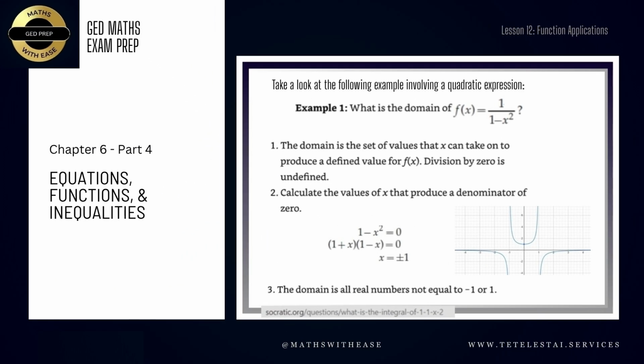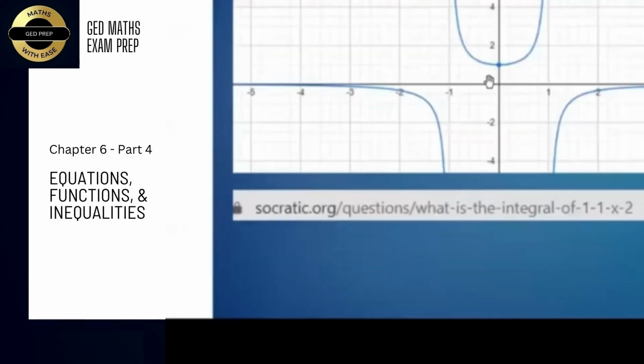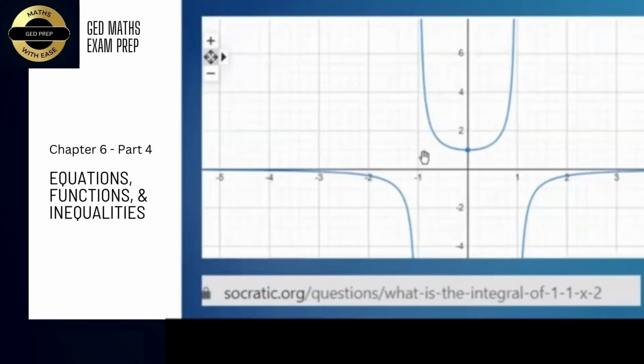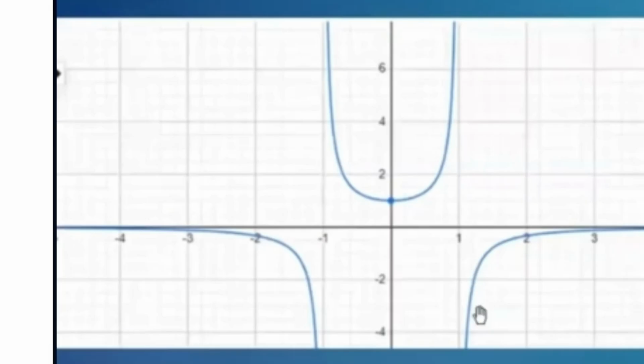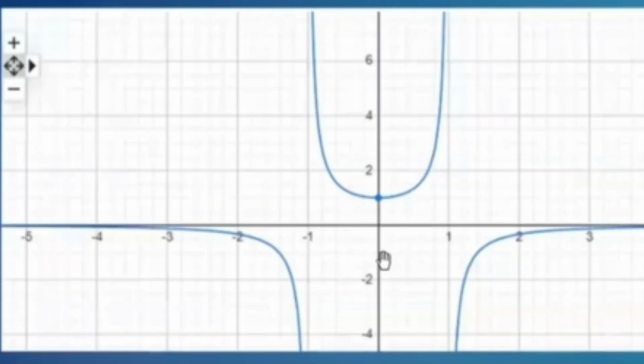And this graph is simply letting you know that at negative 1, so let me zoom in, you can see that this function does not touch the x-axis at x equals negative 1 and at x equals positive 1. Instead, the function actually breaks apart and continues into perpetuity along the y-axis.